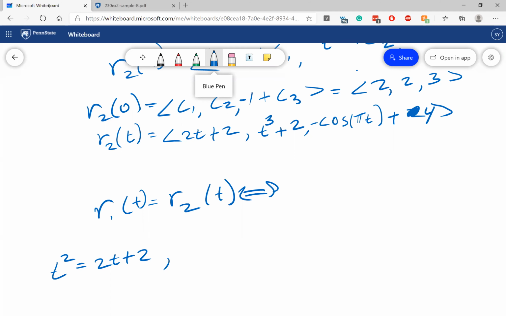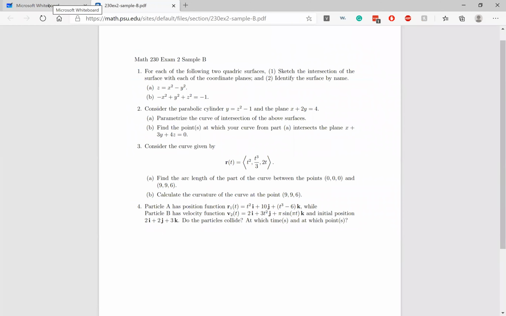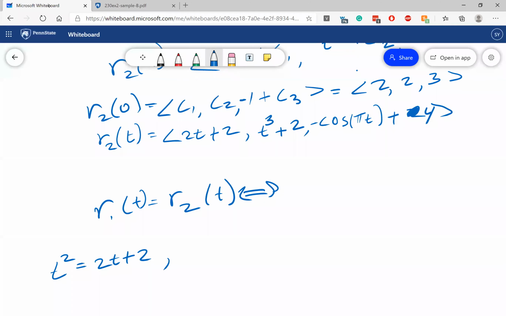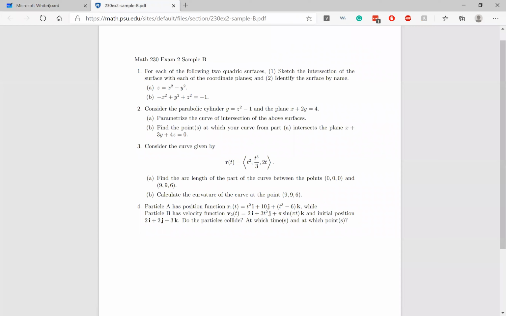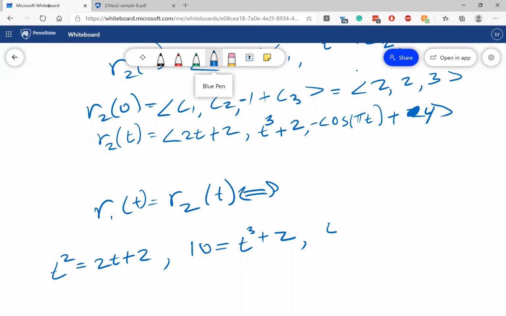Okay, and 10 is equal to t cubed plus 2, and t cubed minus 6 is going to be equal to 4 minus cosine pi t.